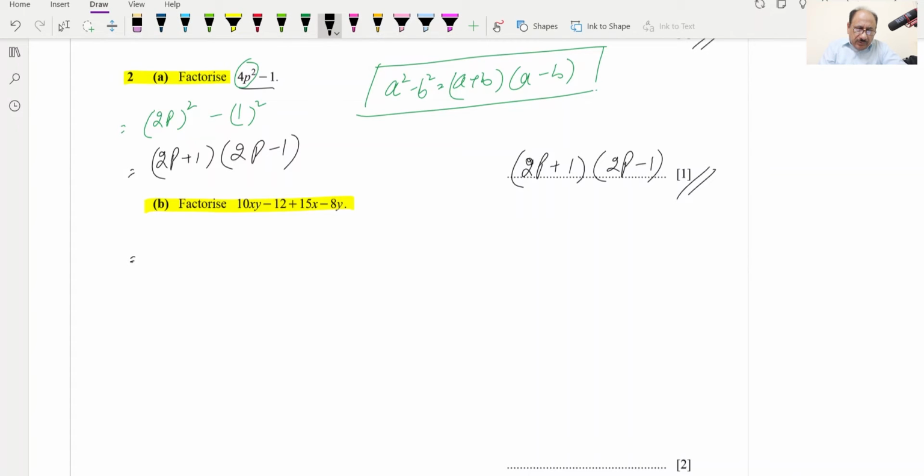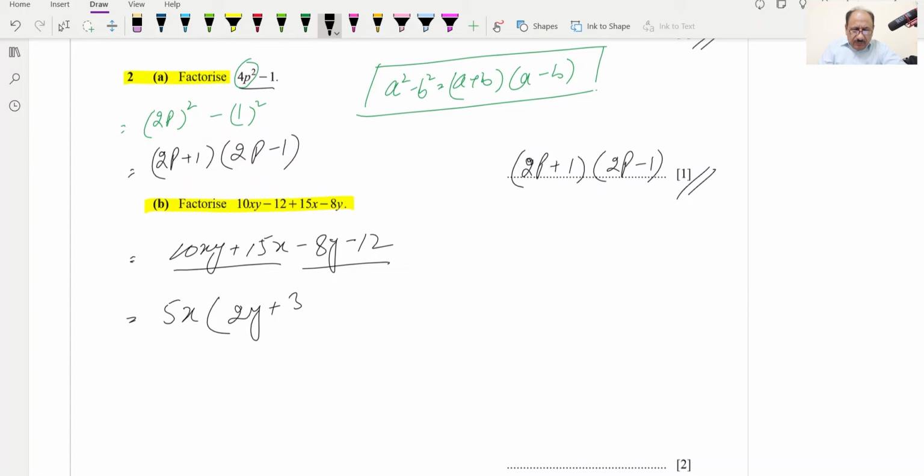So it will be 10xy plus 15x and minus 8y and minus 12. Now we'll make these 2 pairs, and we'll take the maximum common, which is 5x, and inside will be 2y plus 3, and this will be minus 4. We can take common, and inside will be 2y and plus 3.